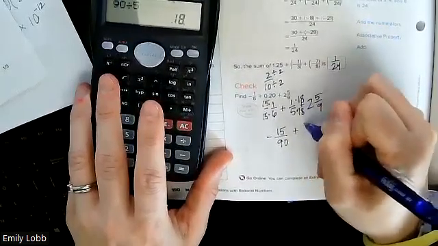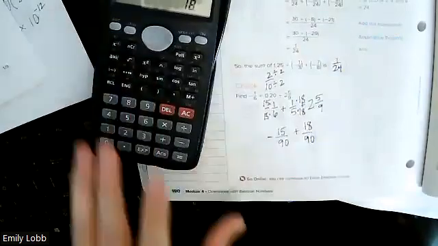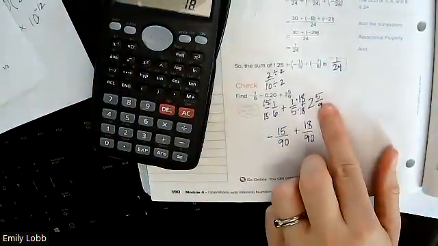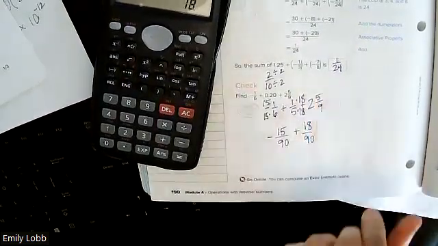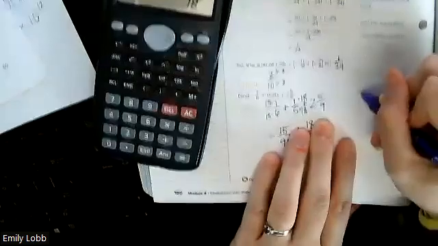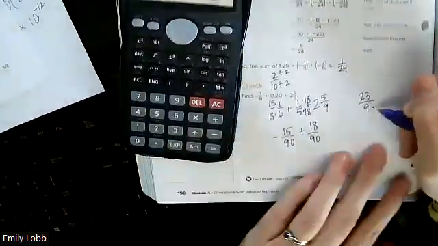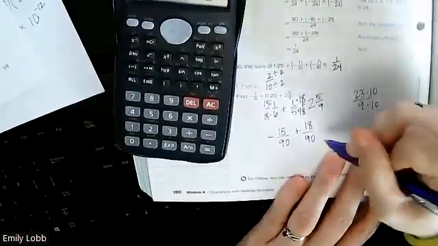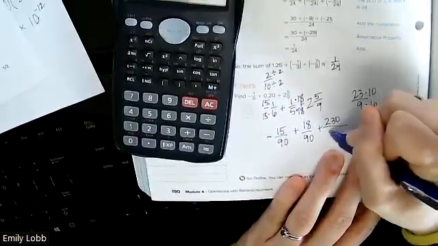So I have plus 18 90ths. 9 times 2 is 18. 18 plus 5 is 23 ninths. We have to multiply that by 10. 23 times 10. Yes. So 230 90ths.